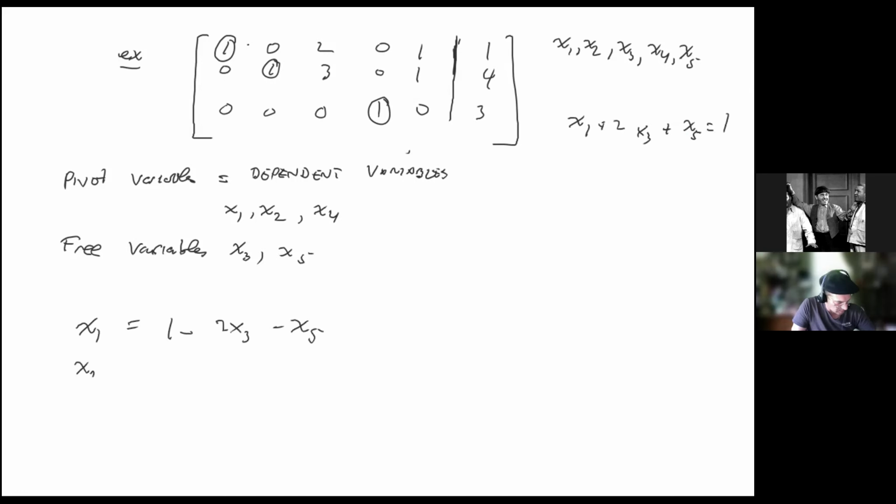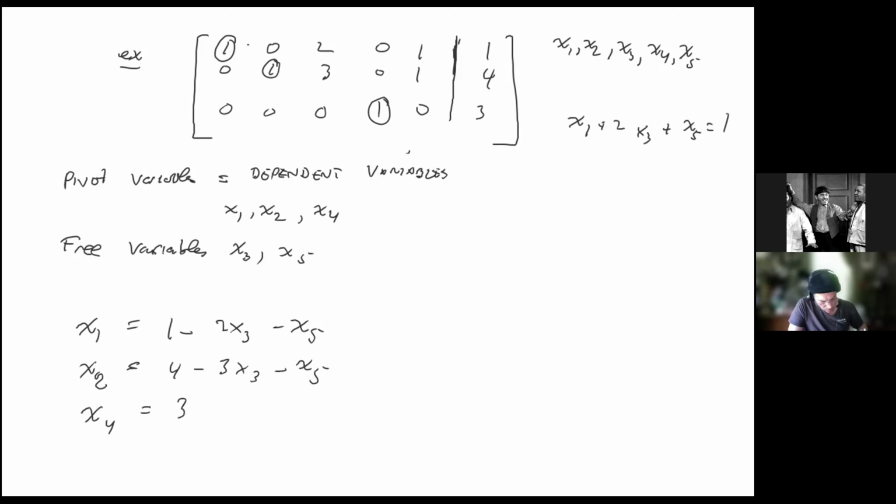Likewise, by a similar game, we can write x2 as 4 minus 3x3 minus x5, and then x4, the remaining dependent variable, is going to be given by the number 3.